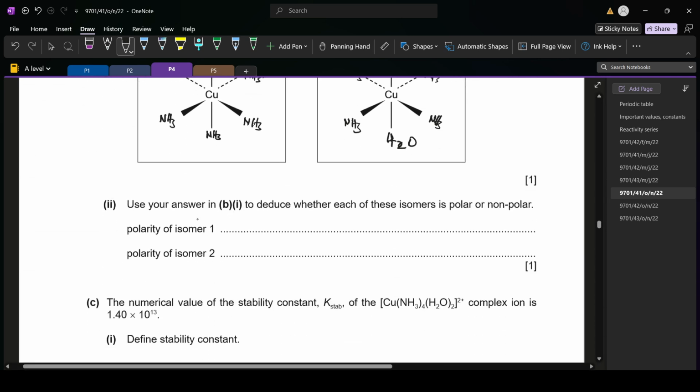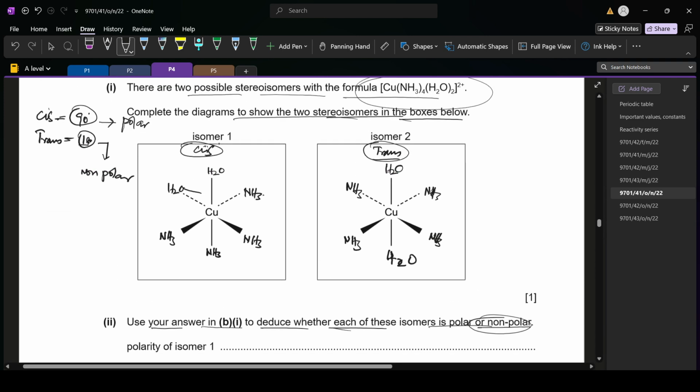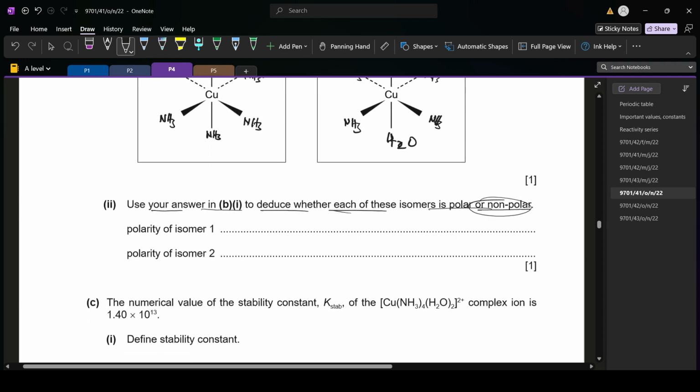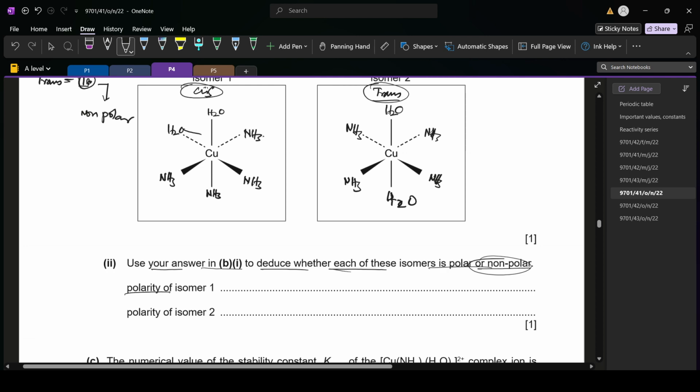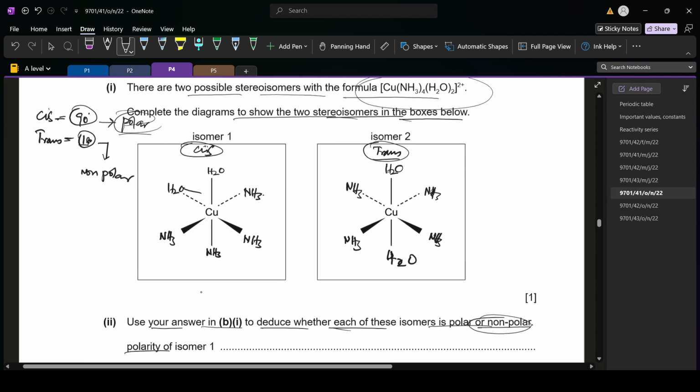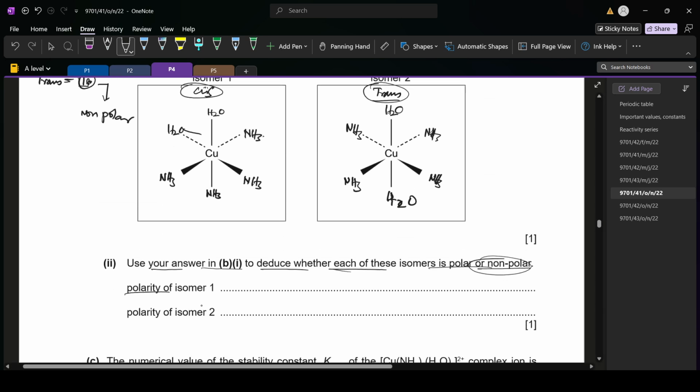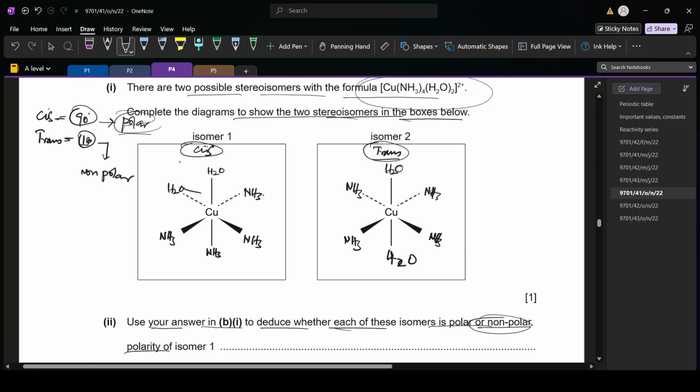Now in the second part, use your answer to b1 to deduce whether each of these isomers is polar or non-polar. I already told you that cis is polar and trans is non-polar. So which one of these is polar? Polarity of isomer 1. This is a cis.